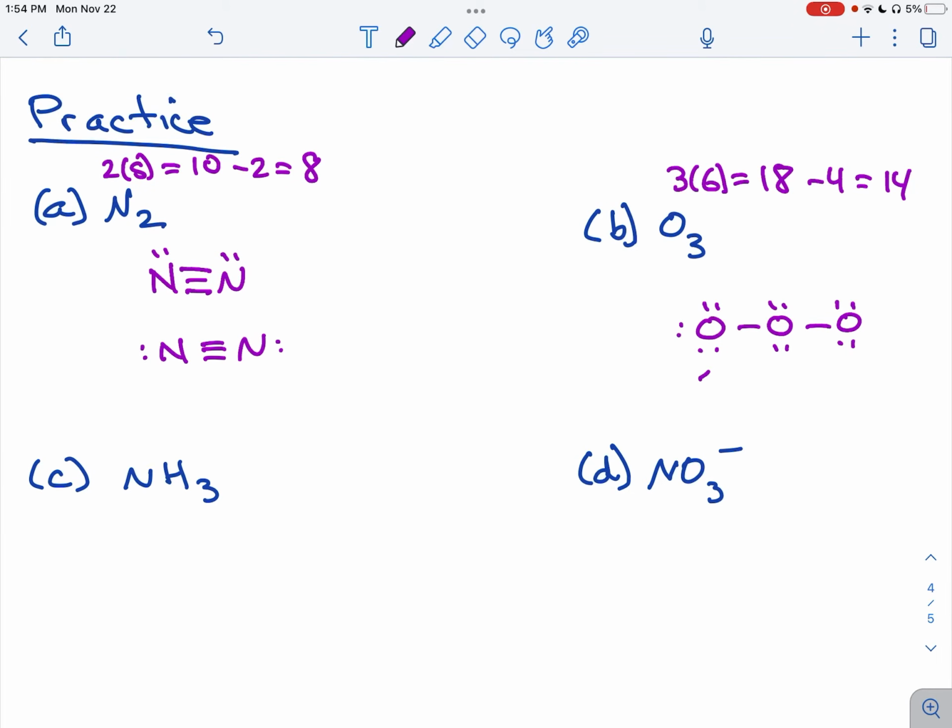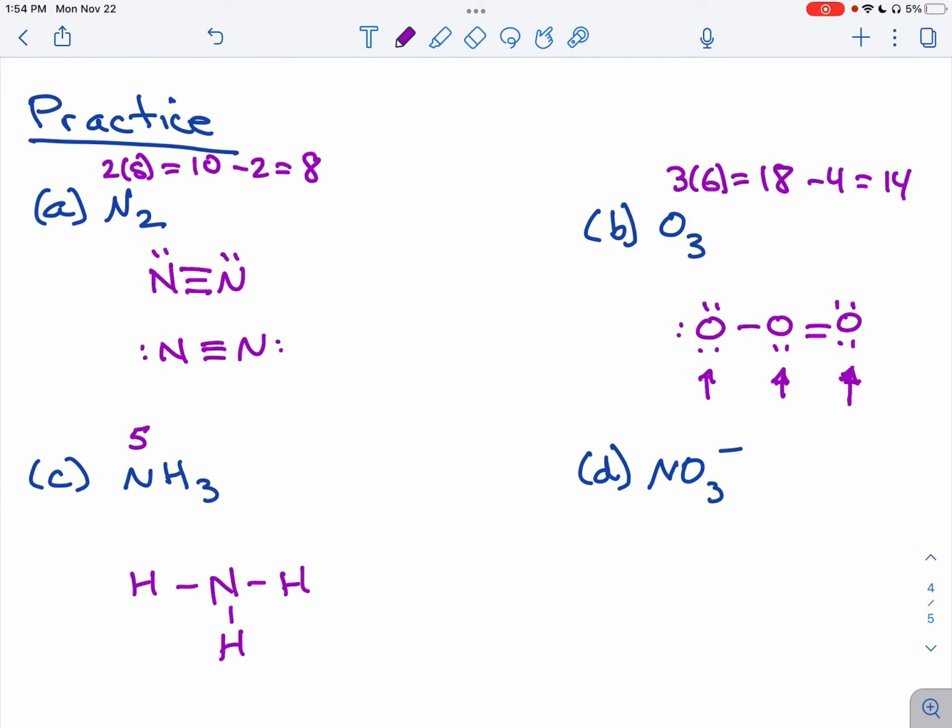So this oxygen meets octet, the middle oxygen meets octet, this one on the right-hand side does not. So take 2 of these and make a double bond. Okay, that is ozone.